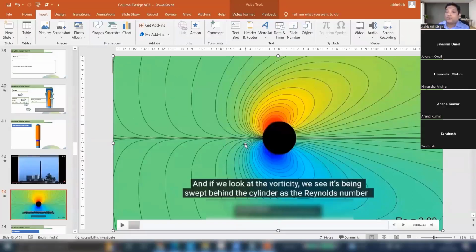Now, in real life we don't have an ideal fluid, so those winds are actually having density. It's not a weightless thing. It will exert friction, and because of that, your wind-induced vibration will happen.